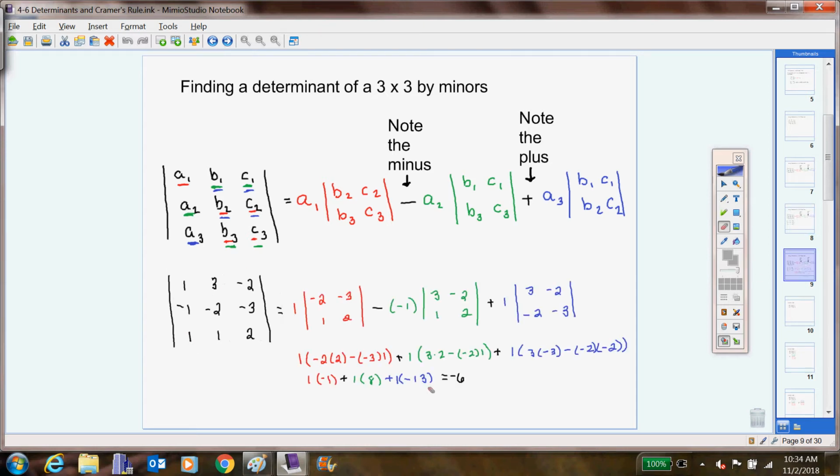It looks like this: 1 times the determinant of these four numbers, negative 1 times the determinant of these, and 1 times the determinant of these numbers.